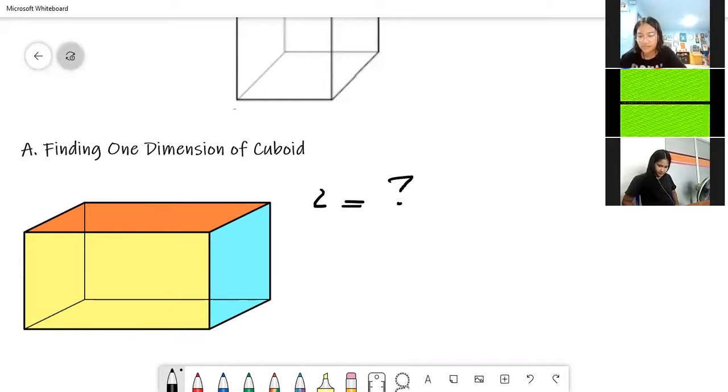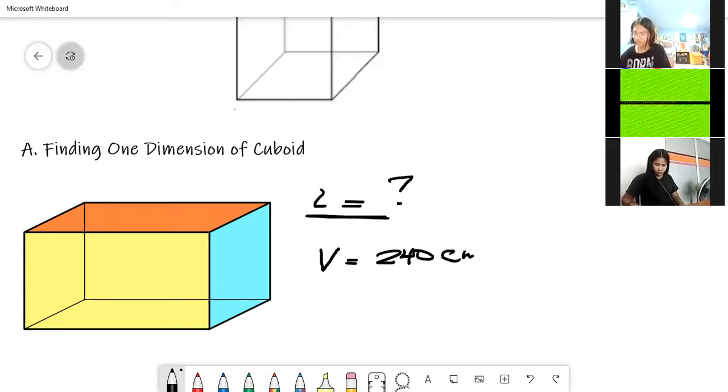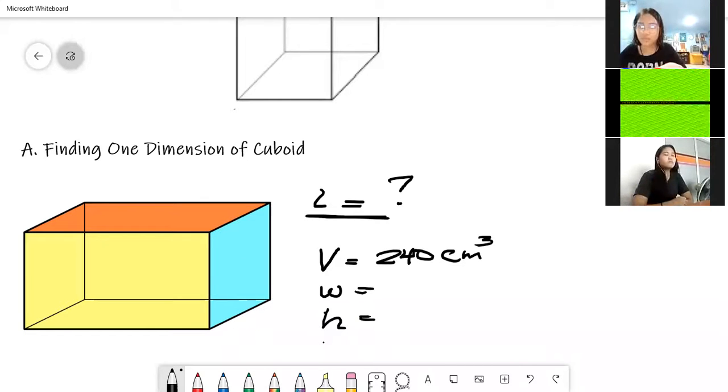For example, the length is the question here, but the volume is given. For example, the volume is 240 cubic centimeters. The width is given. The height is given. The question here is the length.